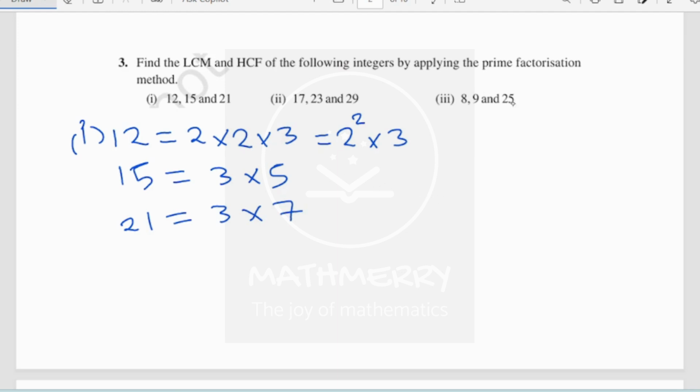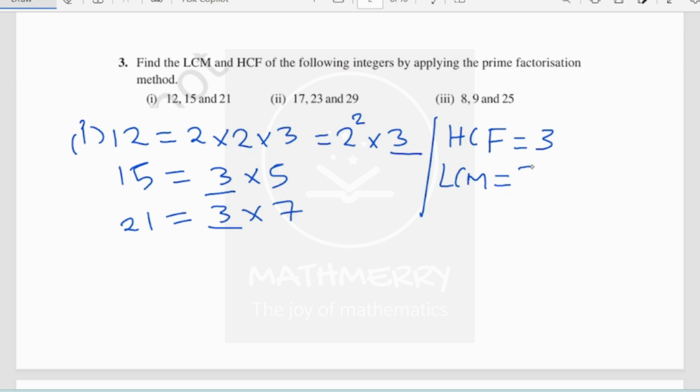Now HCF. When you look at the numbers, you can see the only common factor is 3. In all the 3 numbers we have 3. So the HCF is 3 itself. Now LCM is equal to, what we can do is look for the lowest power of the common factor.